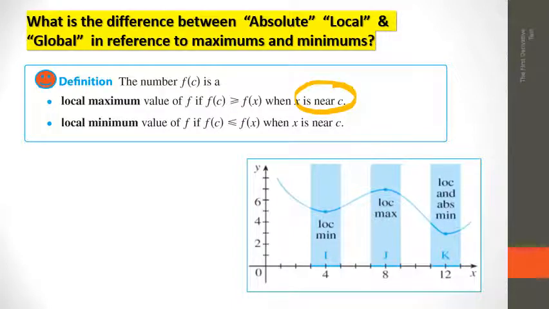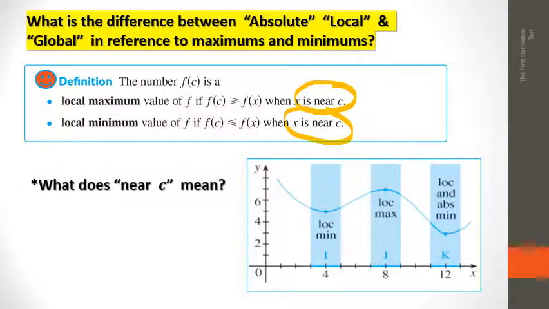It's a local min if it's the lowest value for all the nearby values when x is near c. So my question next is, what does near mean? The idea behind this is neighborhoods, or locally.